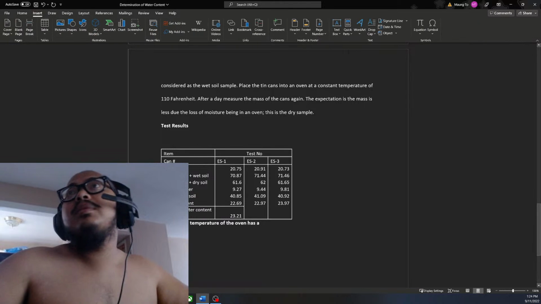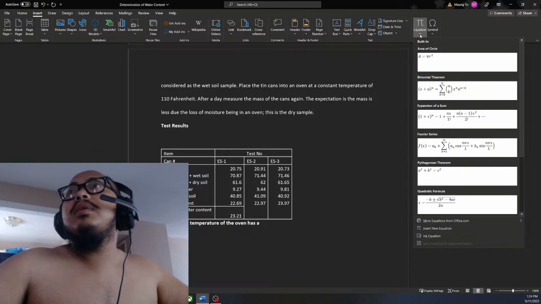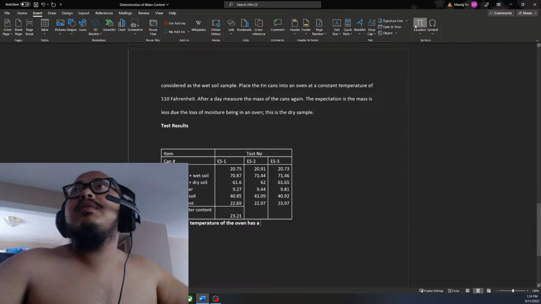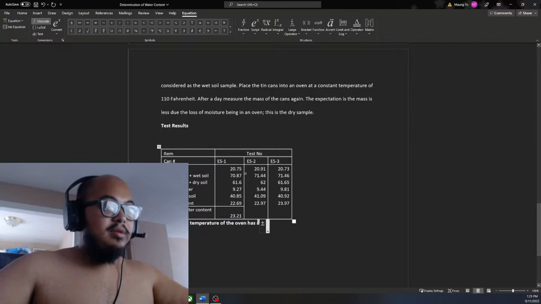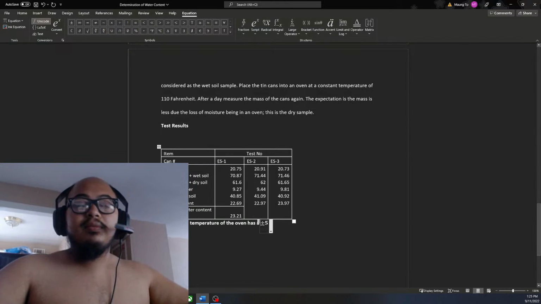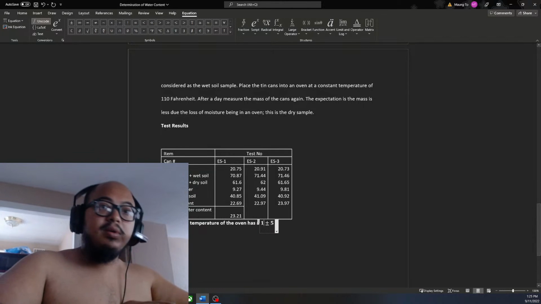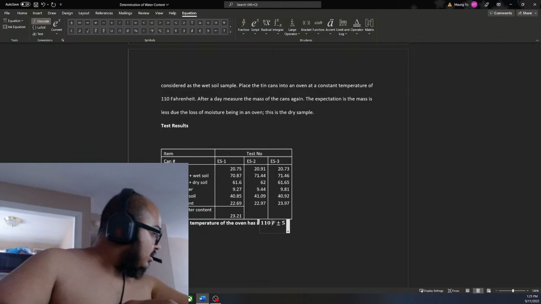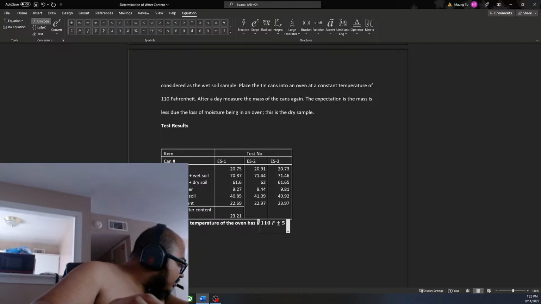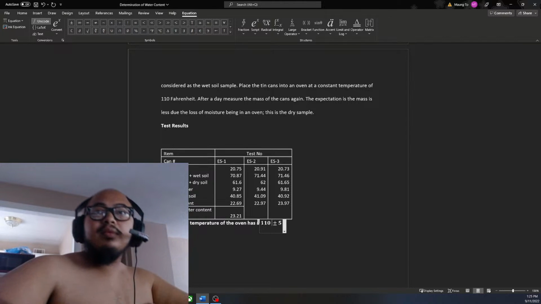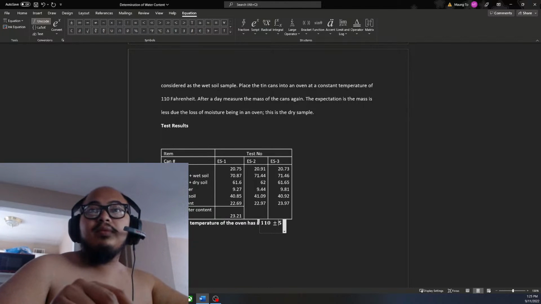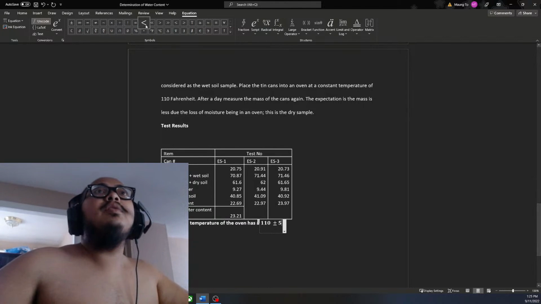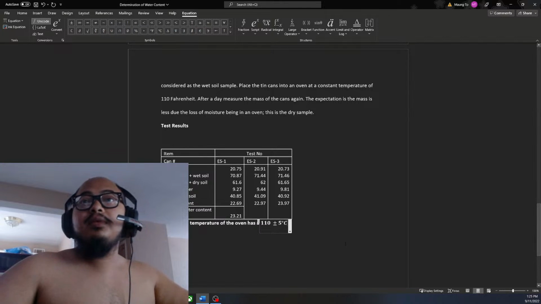Insert equation. Oh no, equation. Let's see. Plus minus 110 Fahrenheit, right? Oh, it's Celsius? Oh, wow. Then there's a degree symbol. Yeah, there is.